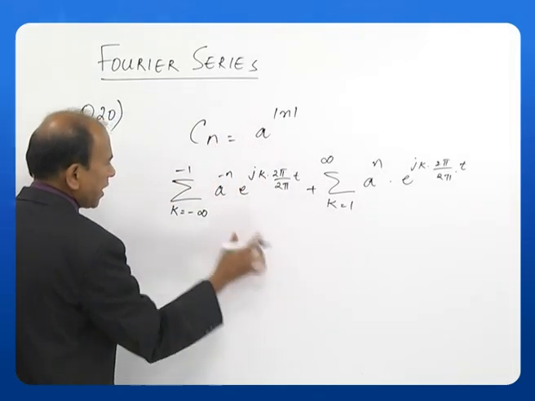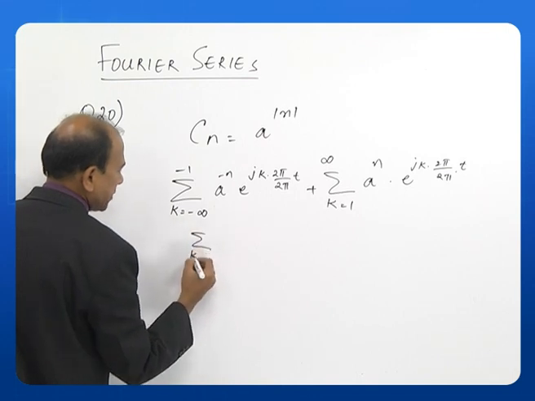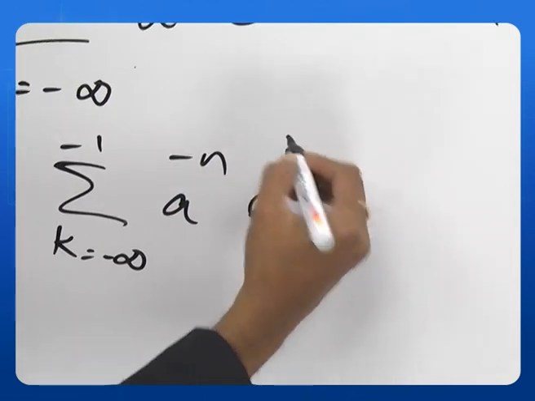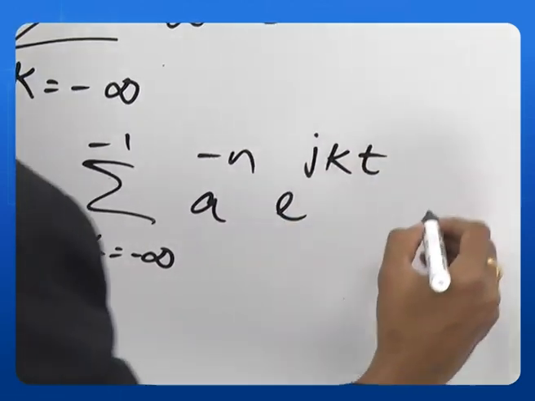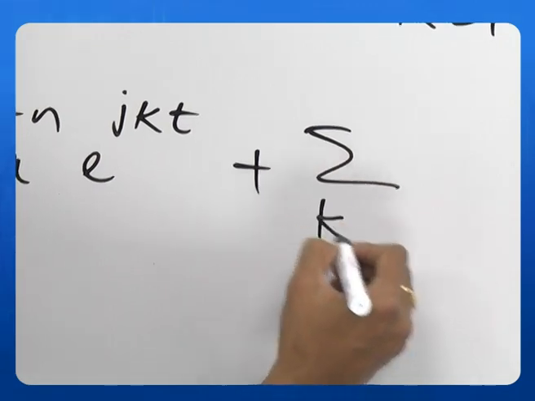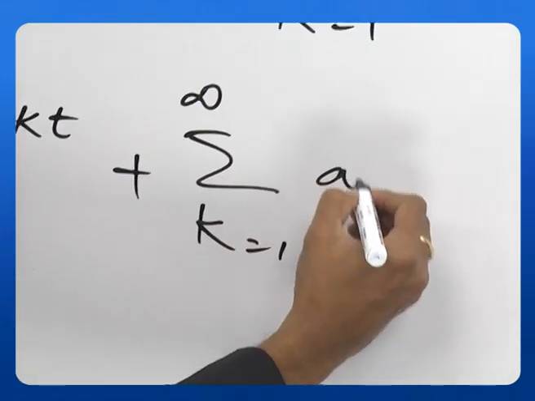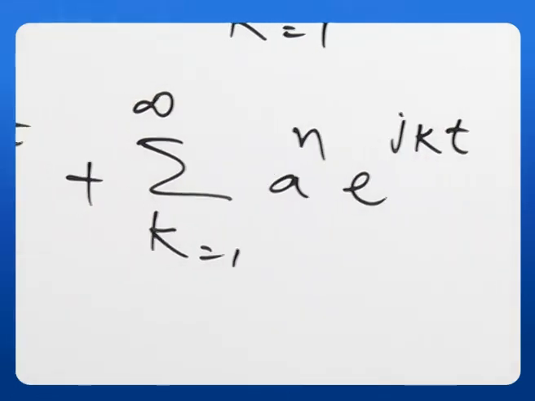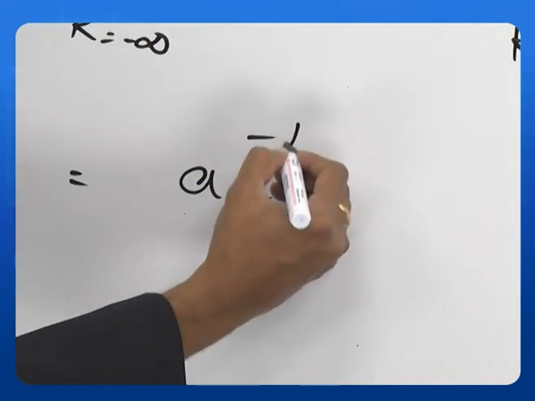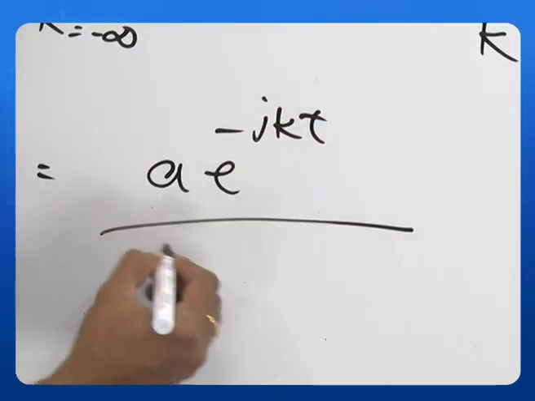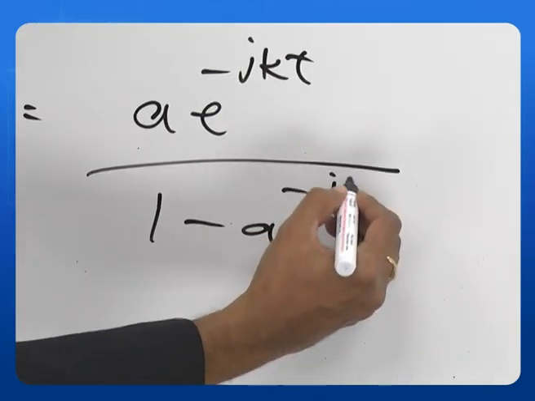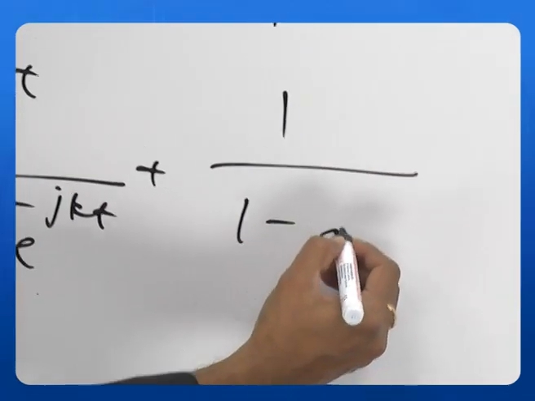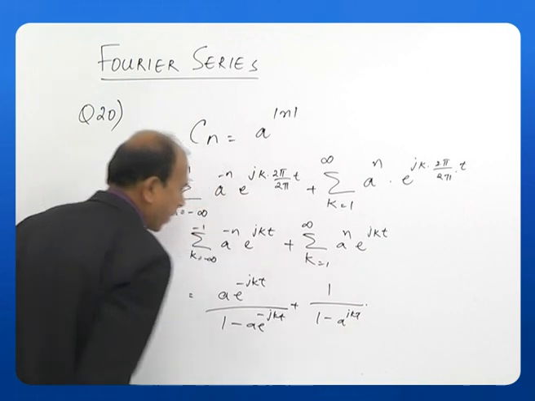If you look at this, this is k equal to minus infinity to minus 1, a to the power of minus 1, e to the power of jkt, plus this one, a to the power of n, e to the power of jkt. So, this equals a e to the power of minus jkt by 1 minus e to the power of minus jkt, plus 1 by 1 minus a to the power of jkt.